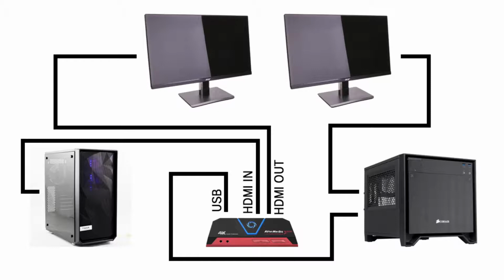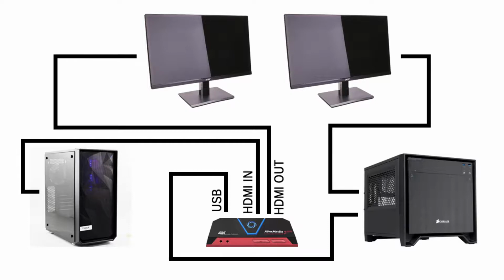So if you want to do a single PC capture setup with a capture card, what you can do is you plug an HDMI cable from your regular PC that you're going to use into the HDMI in of your capture card, and then from the HDMI out of that capture card, you go directly to your monitor.